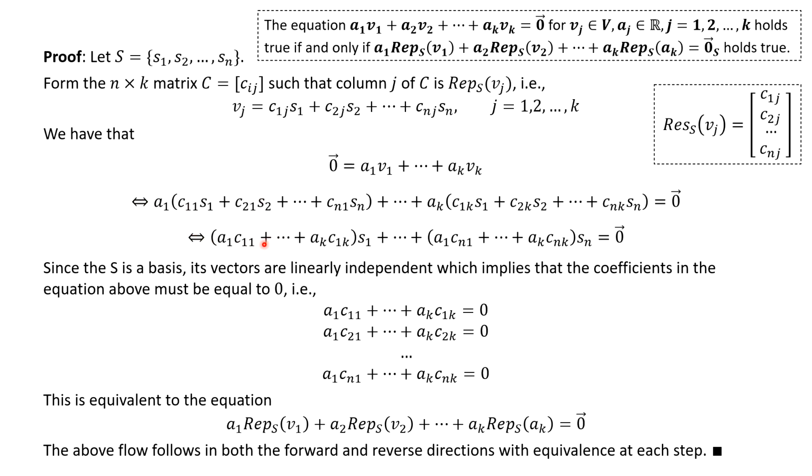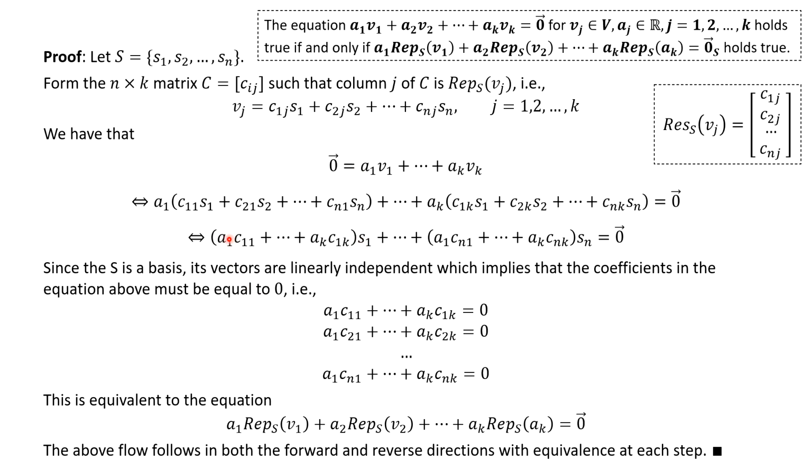And all I've done going from here to here is I've collected everything that's multiplied times S1. So all these terms are multiplied times S1, and you do the same for S2, all the way up to Sn. So these three statements are equivalent.